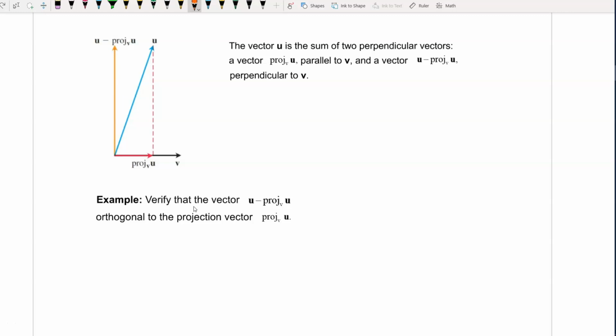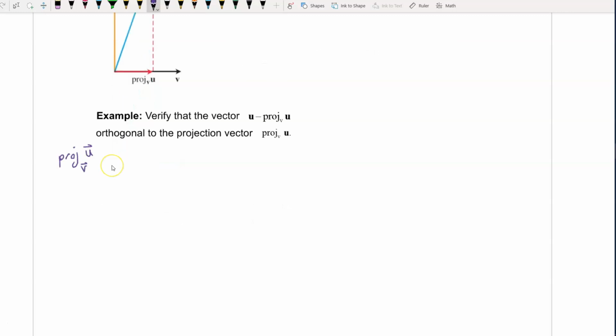By definition, the projection of u onto v is equal to u dot v divided by the length of v squared multiplied by v. This vector projection is parallel to v, so it's enough to show that the vector u minus the projection of u onto v and vector v are orthogonal.